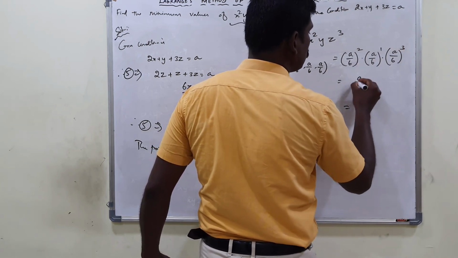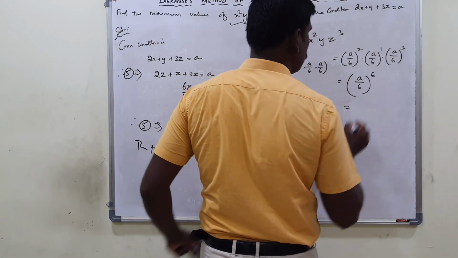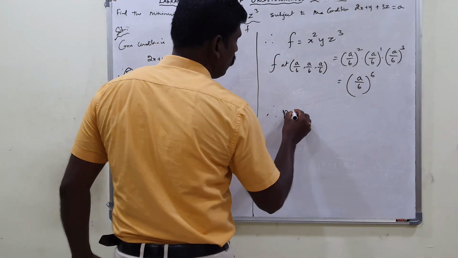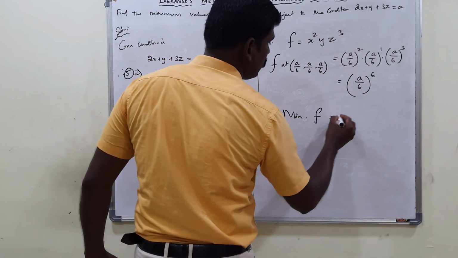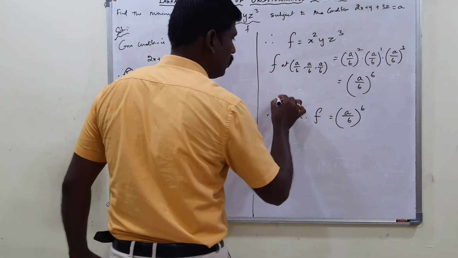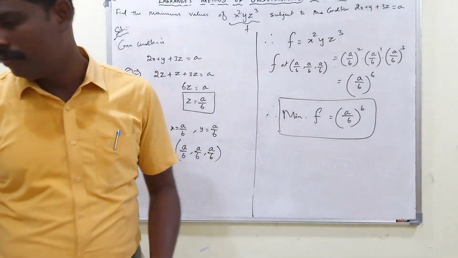So we can add the powers: a by 6, the whole power 2 plus 1 is 3, 3 plus 3 is 6. So this is the minimum value. Minimum value of f is equal to (a by 6) the whole power 6. That's all. Very easy. Thank you.